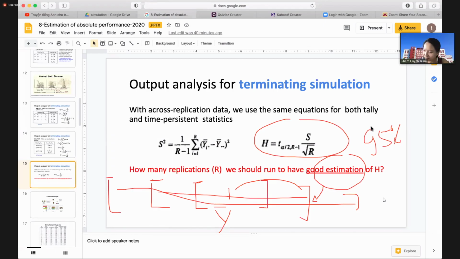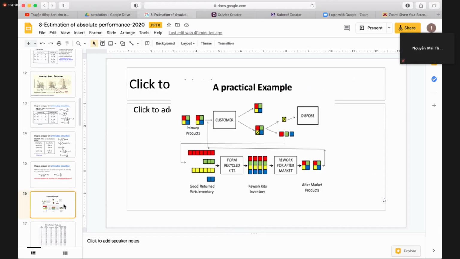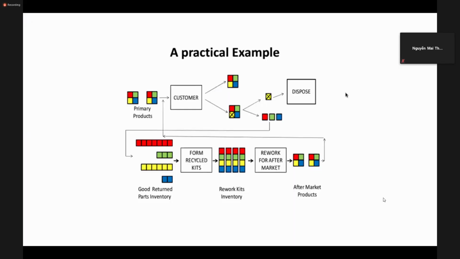All right, now we take this example. Let's say we are simulating this recycle product system.